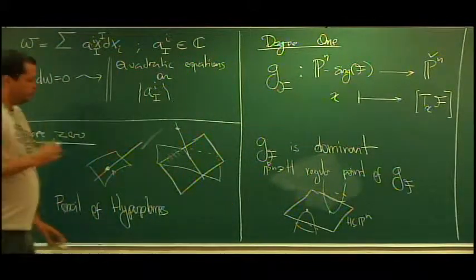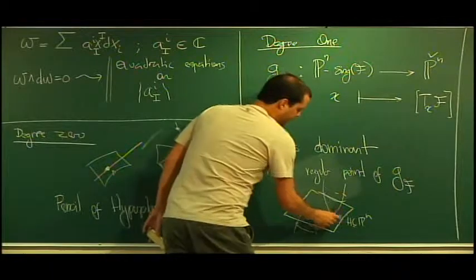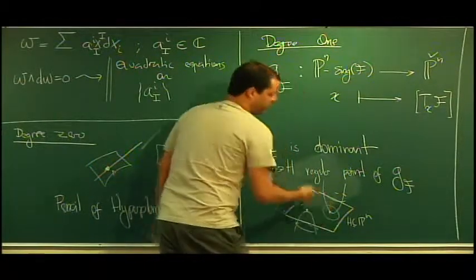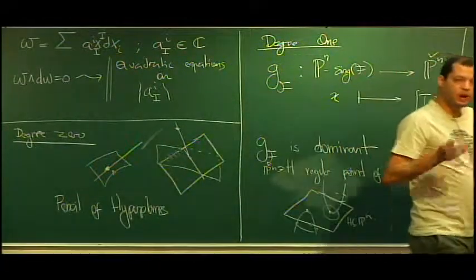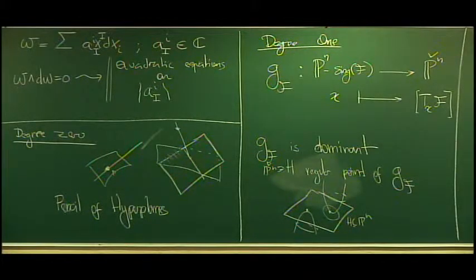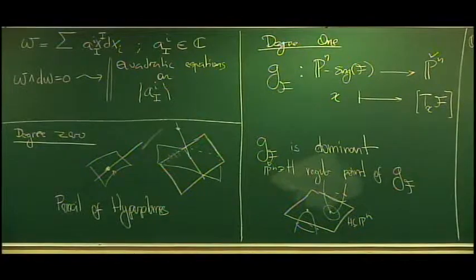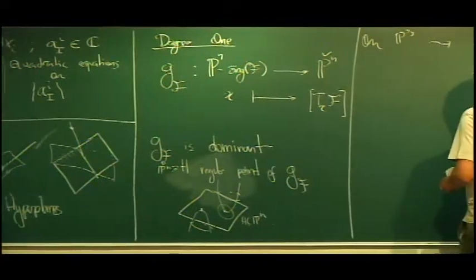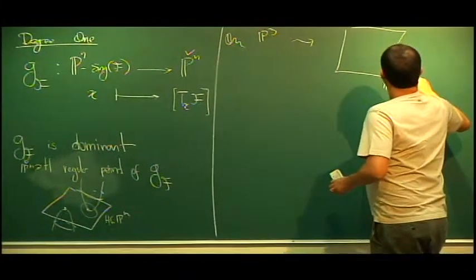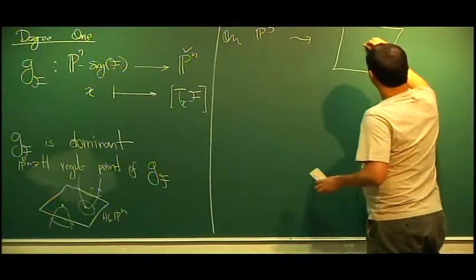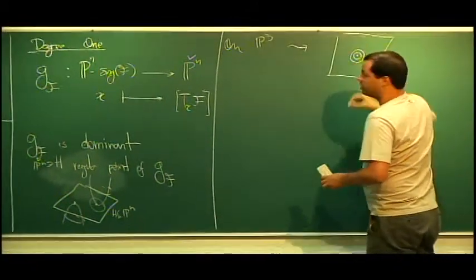And being a regular point, it's not hard to verify that this will be a regular point of the foliation. So our foliation, when we restrict to this hyperplane H, will have a local holomorphic first integral by Frobenius theorem. And if we are, for instance, restricting from P3, this will give rise to a foliation on P2 which has centers.